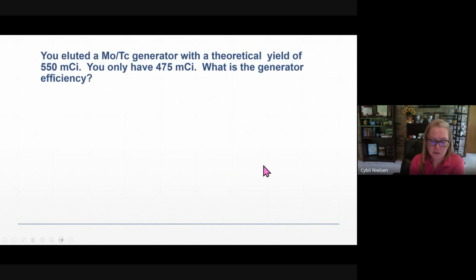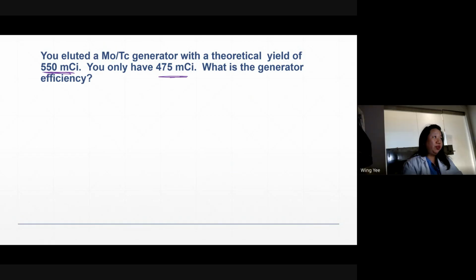All right, let's do this the other way. You eluted your generator. It had a theoretical yield of 550 millicuries, but you only got 475 out of it. What's your elution efficiency? 550 divided by 475.